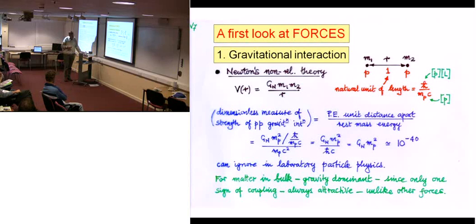So if we're wanting to get a dimensionless measure of the strength of this interaction, we have to consider the potential energy of two protons a unit distance apart over the rest mass energy.